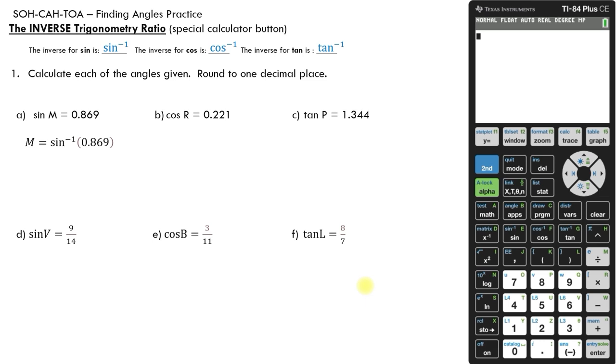And to use our inverse sine, we go to our calculator, we type in second function, go down to sine, click sine, and it brings up our inverse sine. And we simply enter 0.869, close our brackets, and we get a value of 60.3.